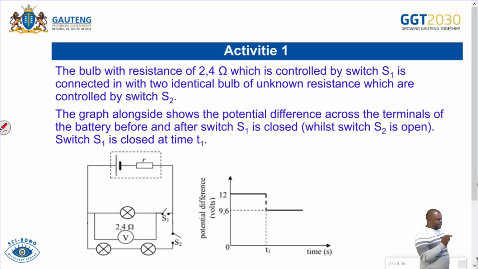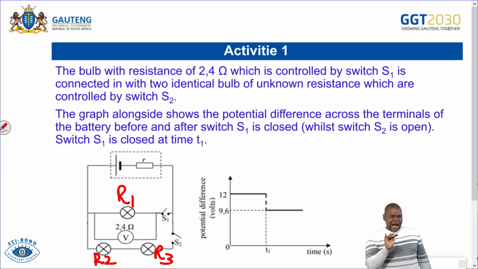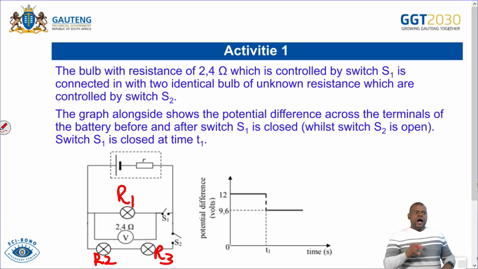Let's name the resistors so that we don't get confused. This is R1, this is R2, this is R3. R2 and R3 are connected in series. R1 is connected in parallel to R2 and R3.